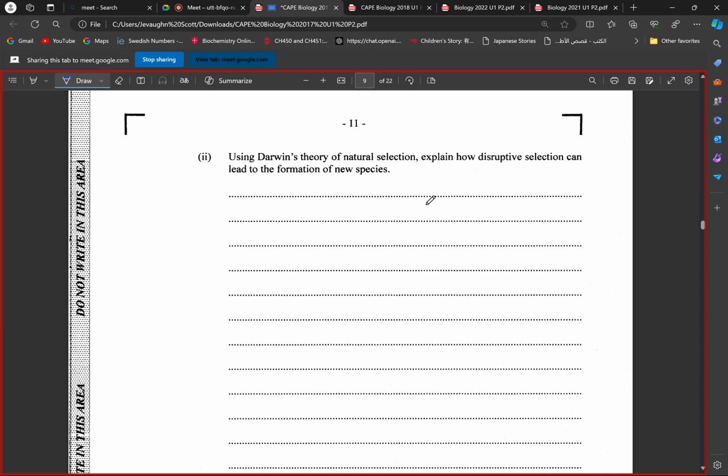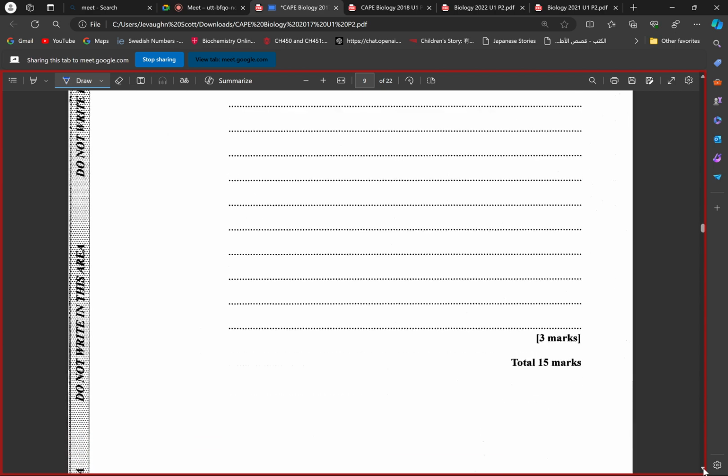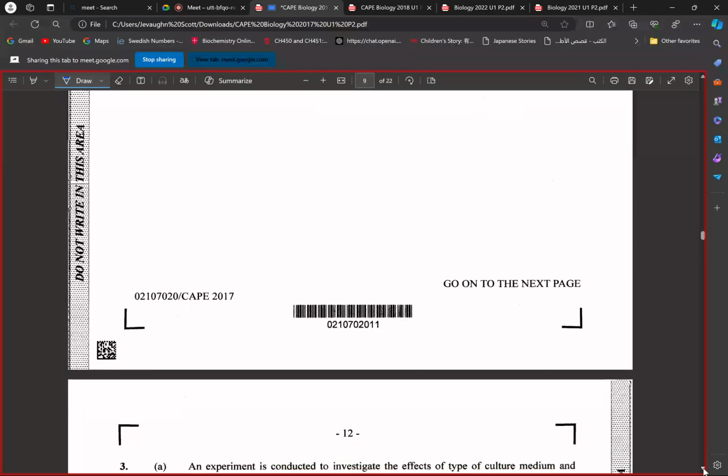Disruptive selection can lead to the split within a species, as the different traits complexify over time, resulting in organisms that no longer have the ability to sexually reproduce to produce fertile and viable offspring. So we're just looking at that concept for this question. Shouldn't be a problem.